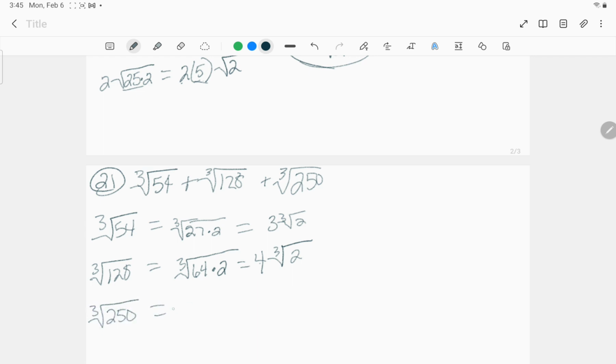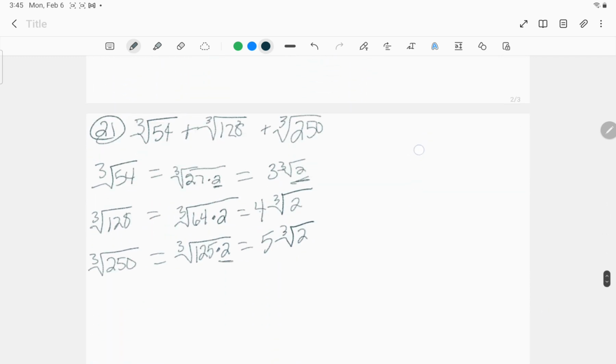So 250 divided by 2 is 125. And then the cube root of 125 is 5. So why did I know to divide all of those by 2? Because when my first one came out to have a leftover of square root of 2, I knew that the rest of them needed that as well.